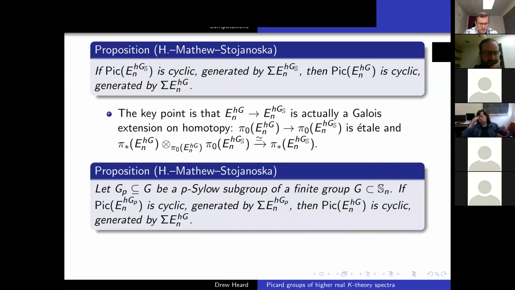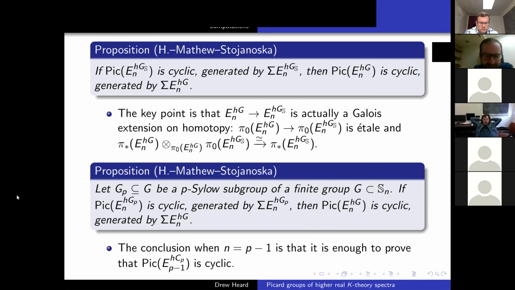The idea here is that by a general result in the paper by Heard and Mathew, it's known that this is a torsion group, and to prove this, you just study the q-torsion for each q, and it naturally breaks into two cases: when q is p and when q is not p. And you just do it, and you get this result.